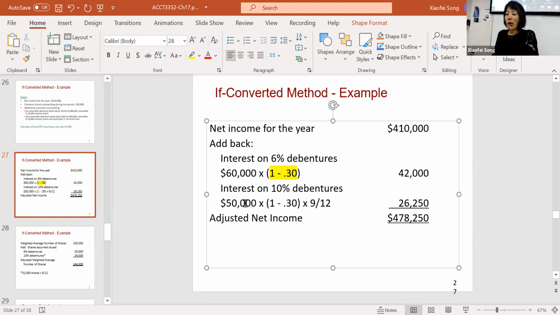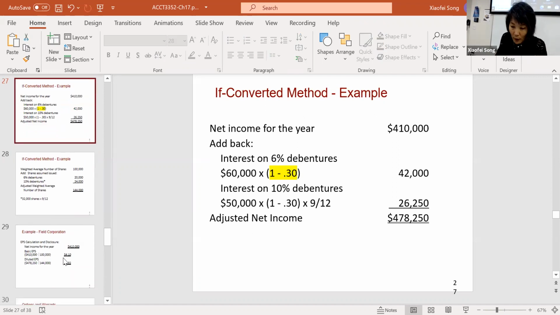Therefore, the net interest is 26,250. So the adjusted net income is 478,250. The numerator is 478,250 and the denominator is 144,000.